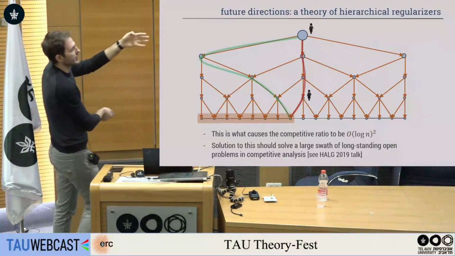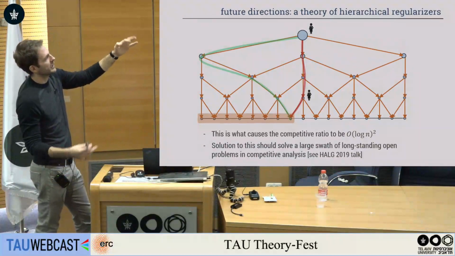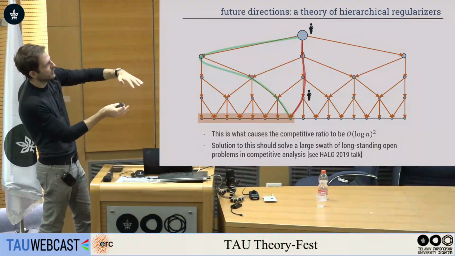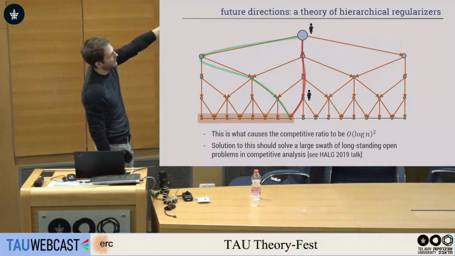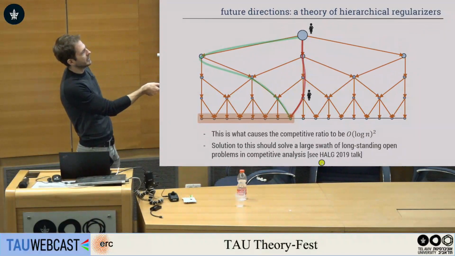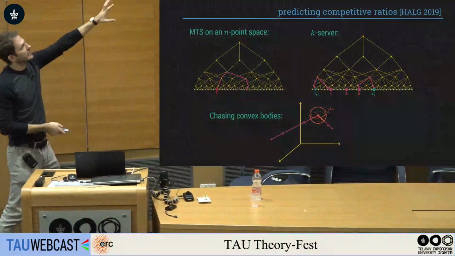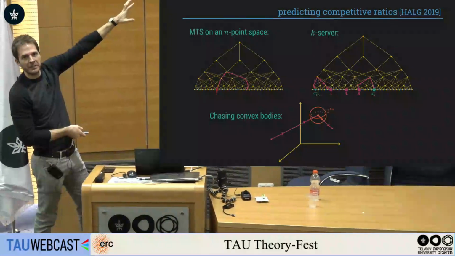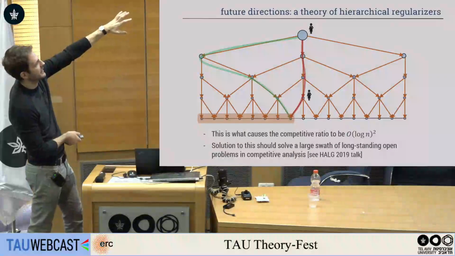But I believe that if you can solve this problem, and I like this problem because, if you wanted to analyze, for instance, what's going on in deep networks where you have this give and take, high-level features influence low-level features and vice versa, then here's a nice instance where figuring that out would give a better competitive ratio. I gave a talk, which is online, in Copenhagen earlier this year. I think if you can solve this problem, you can get the optimal competitive ratios for a number of long-standing open problems in that area.